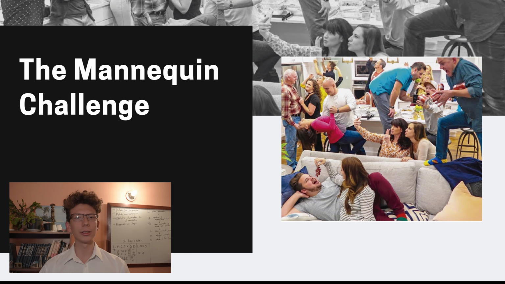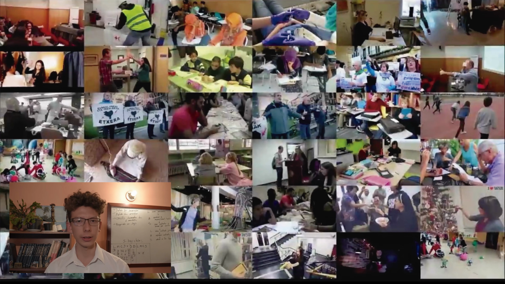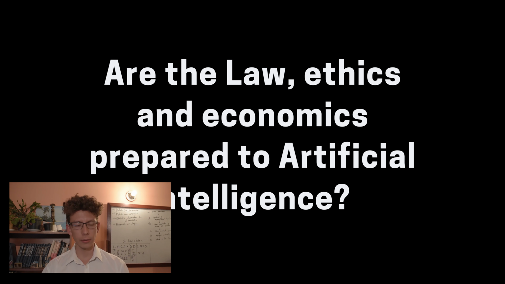The special characteristics of the mannequin challenge videos were the perfect dataset, and a dataset is a special and vast amount of data that is really useful to train an artificial intelligence. With that, we define these research questions like: are law, ethics, and economics prepared for artificial intelligence?